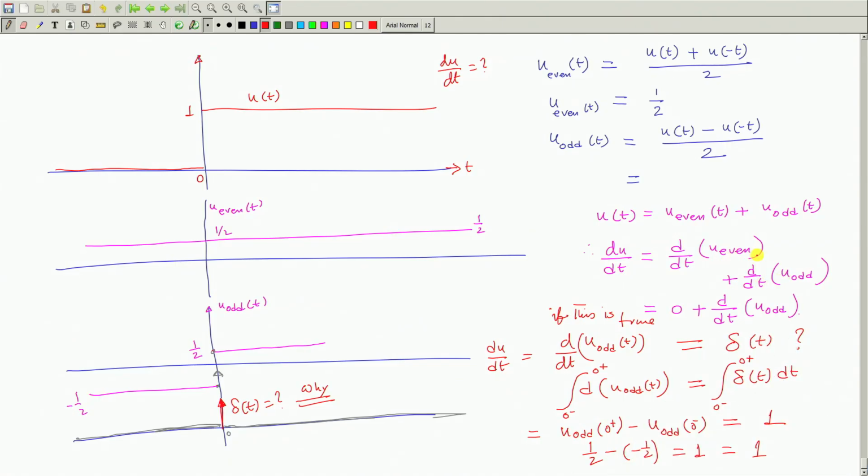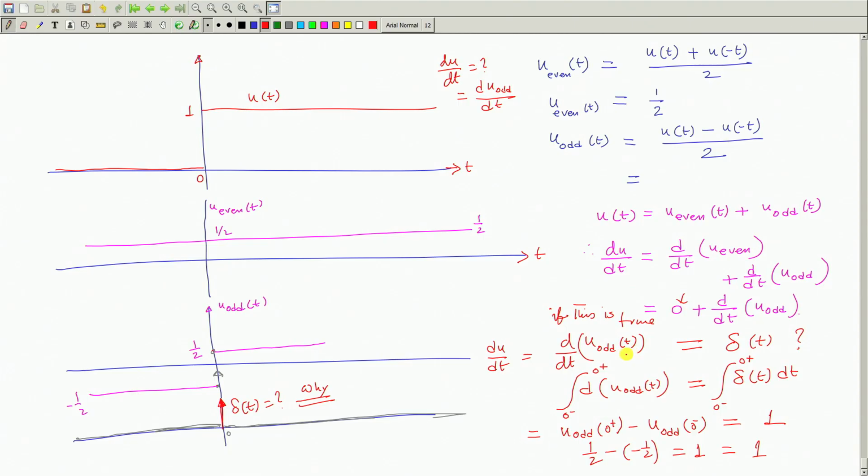Even part is in any case constant all along the time scale, minus infinity to plus infinity, that will give you 0, plus d/dt of u odd t. Now, u odd t is this, minus half and plus half. So, d/dt of u odd t I have to then find out, du/dt, which is nothing but du odd t divided by dt. These two are same.